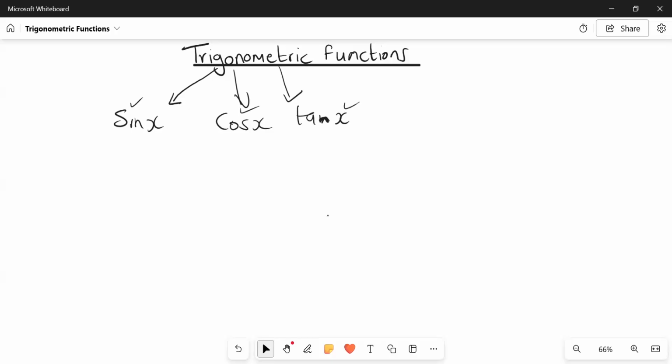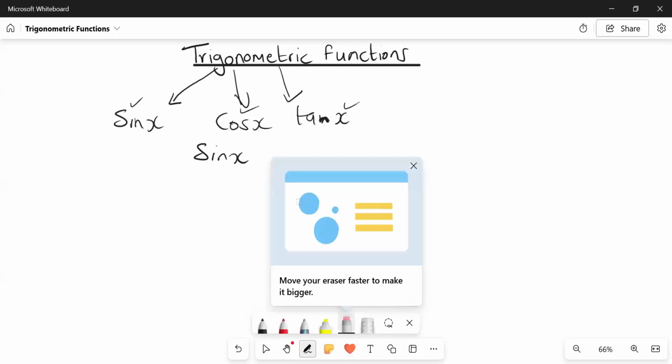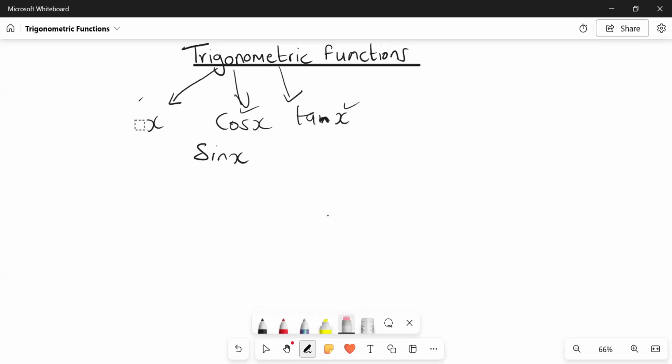So now, in this lesson, I'll be explaining how to draw the graph of sine, cos, and tan, right? So now let's start with the graph of sine.